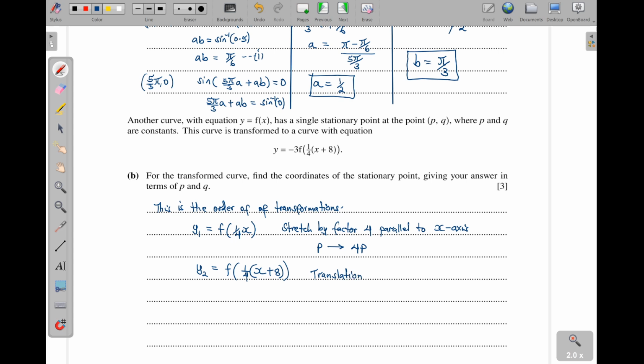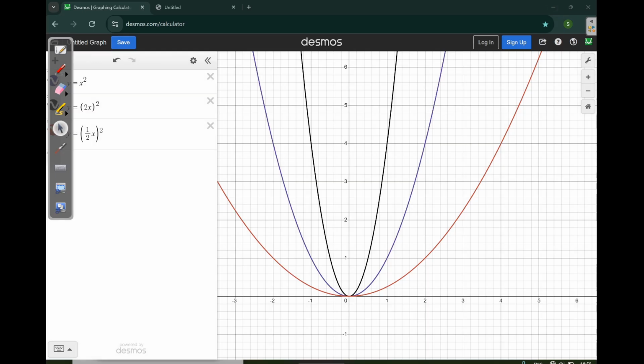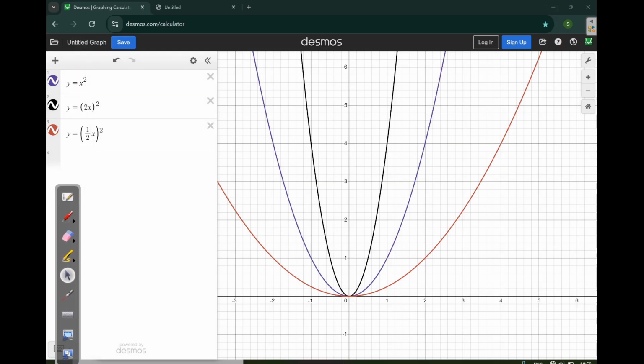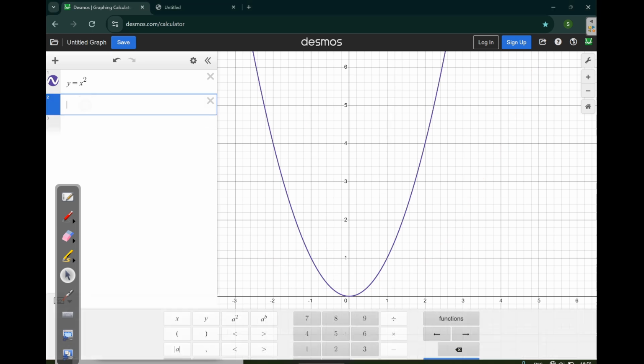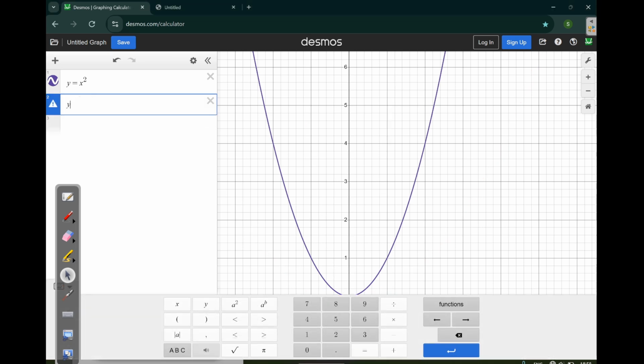Okay, a translation by vector negative 8, 0. Because when this one pops out of here, it changes the sign. I've always shown this one. Even when we come back to this one here, and I take away this one, then we have y equal to, let's say we have x here, and we say plus 2.